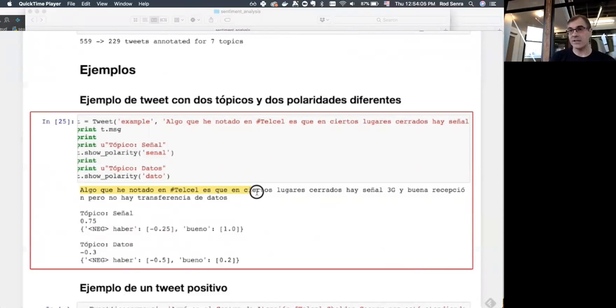Natural language processing is super hard. For instance, tweets make it super easier because the whole text, it's in there, and usually there's not much context.